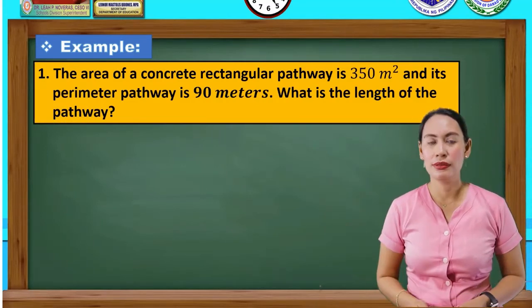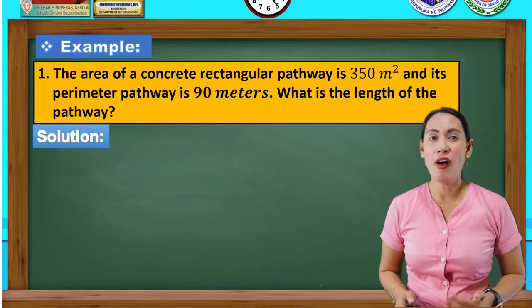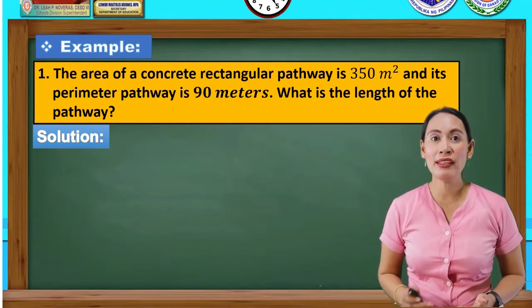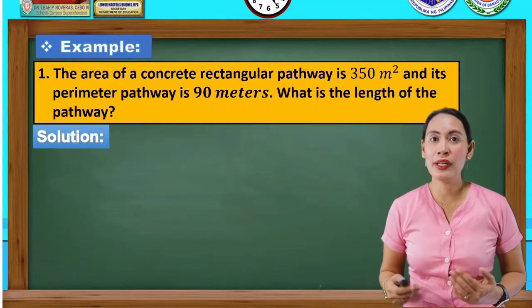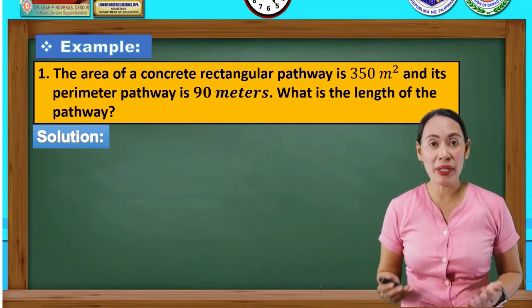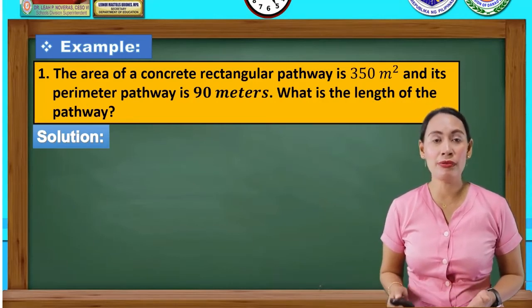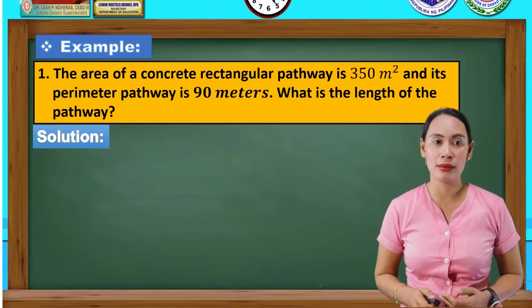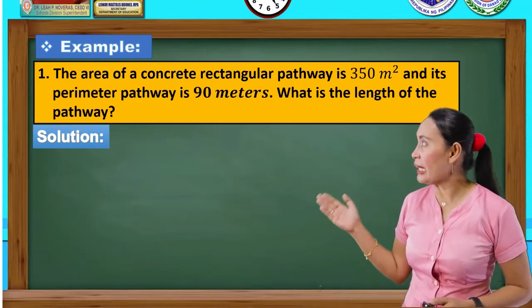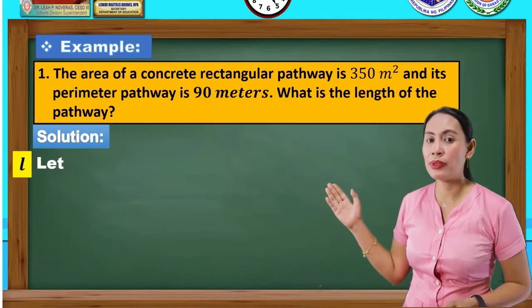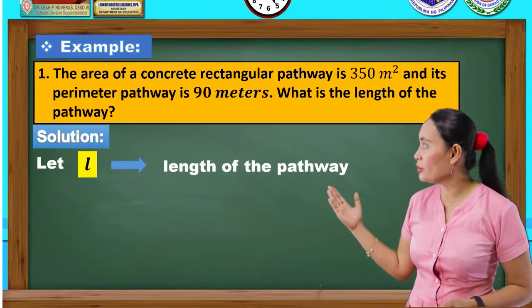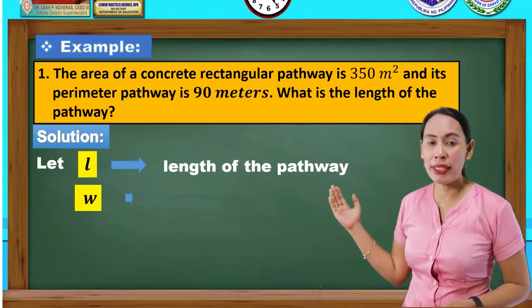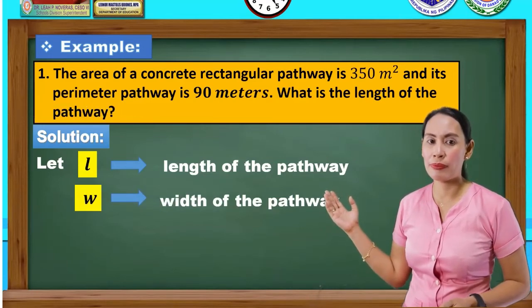Solution. The unknowns here are the length and the width of the rectangular pathway, and the known quantities are the perimeter and the area of the rectangular pathway. So we will let L be the length of the pathway, and we will let W be the width of the pathway.